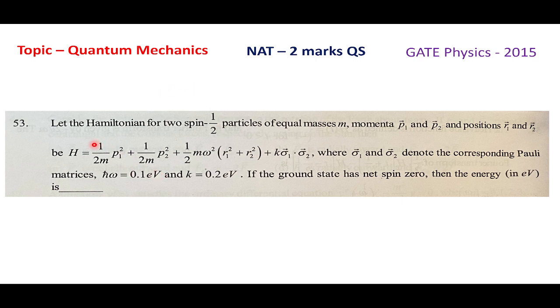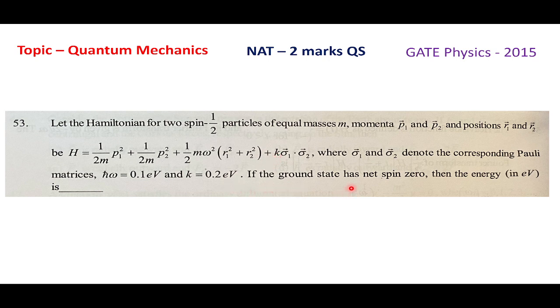The question is: let the Hamiltonian for two spin half particles of equal masses m, momenta p1 and p2, and positions r1 and r2 in 3 dimensions be H equals 1 by 2m p1 square plus 1 by 2m p2 square plus half m omega square times r1 square plus r2 square plus k times sigma 1 dot sigma 2 vector, where sigma 1 and sigma 2 denote the corresponding Pauli matrices, with h cut omega equals 0.1 electron volt and k equals 0.2 electron volt.